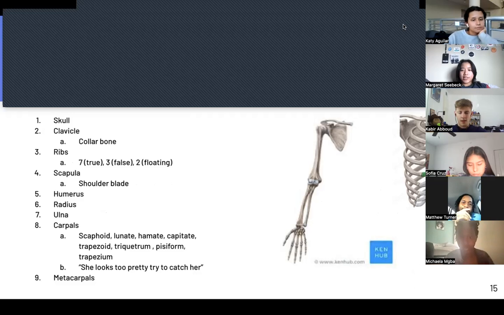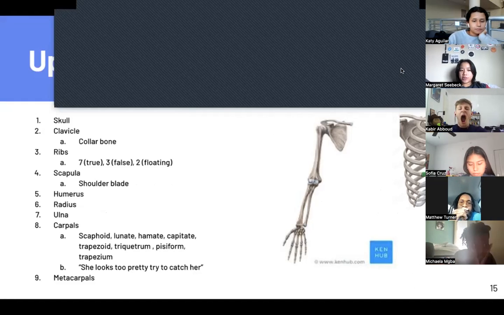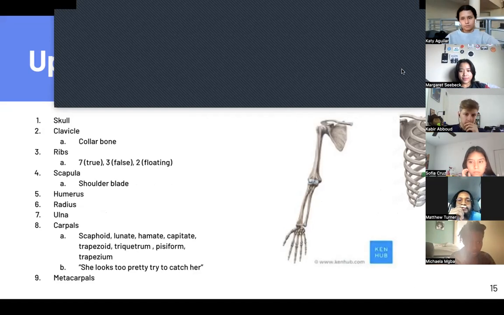All right, so this is the upper body. We have our skull, the clavicle, which is also known as the collarbone, and the ribs. We have 7 true, 3 false, and 2 floating. Does anyone know what that is in reference to? Why it's called the true, the false, and the floating? The true is because they attach to the sternum.